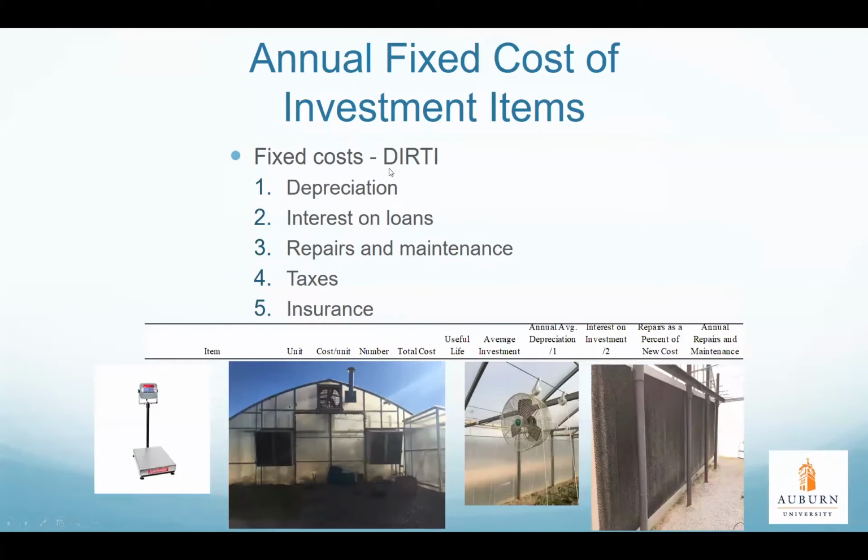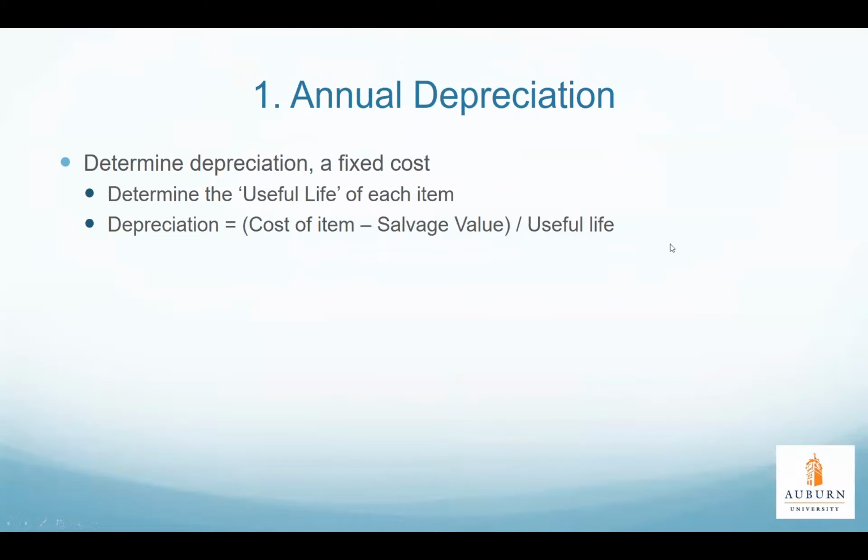We've got our fixed cost. The acronym we use is DIRTI, D-I-R-T-I, which stands for depreciation, interest on loans, repairs and maintenance, taxes and insurance. Looking at the annual depreciation, it's a fixed cost, and we have to determine a useful life for each item. We purchase a blower.